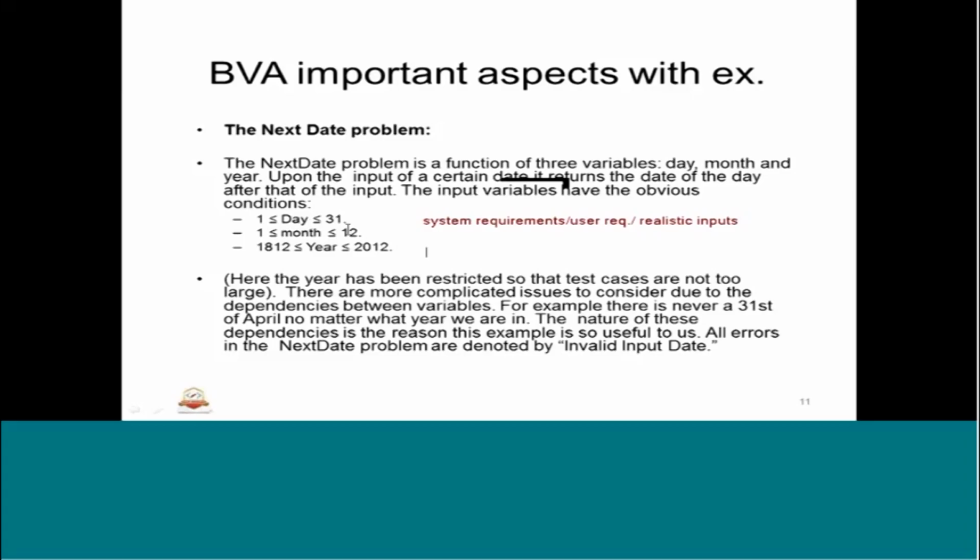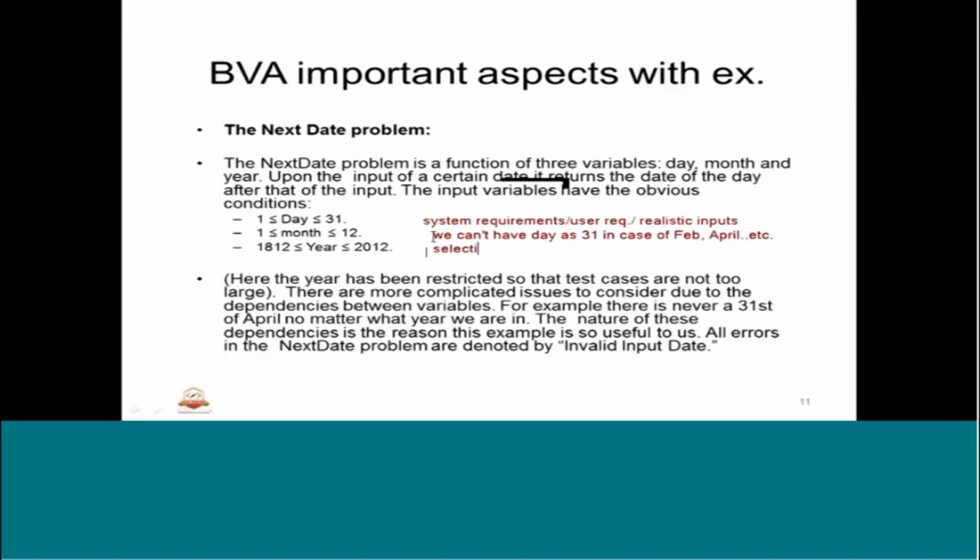So for a system which takes this way of input, it doesn't matter what year you feed. If you feed a month as April, April cannot have a day as 31. So we cannot have a day as 31 in case of February or April, etc.